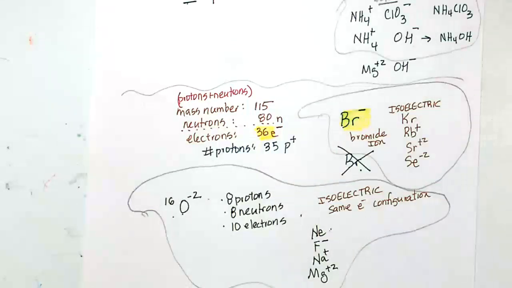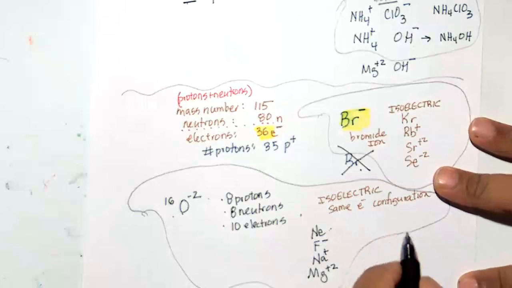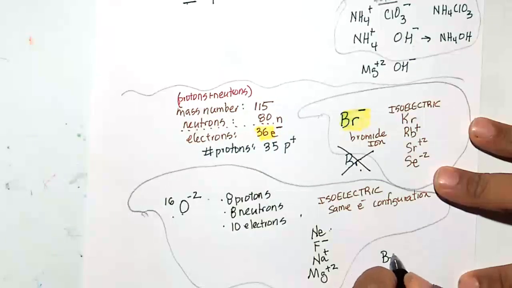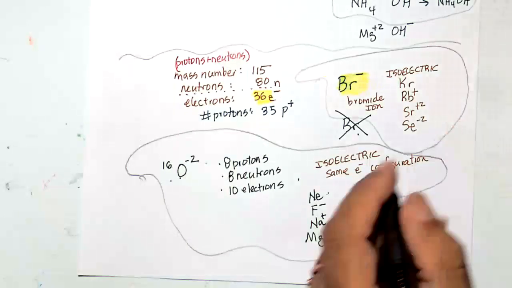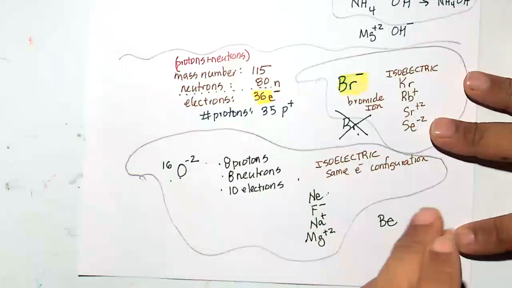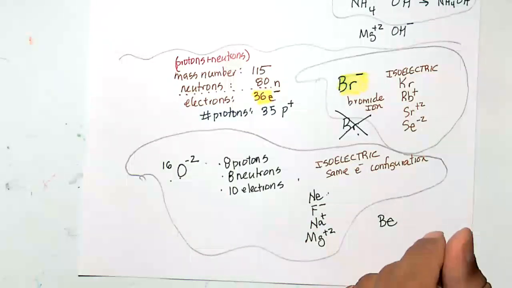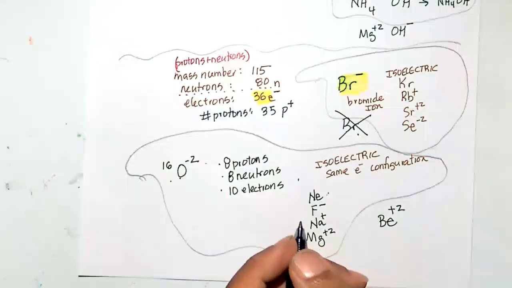All right, so protons, neutrons, and electrons on the exam. Okay. Let me give you another one. Let's look at beryllium. Okay, if beryllium were to form an ion, what would be its charge? Plus 2, looking at the periodic table.